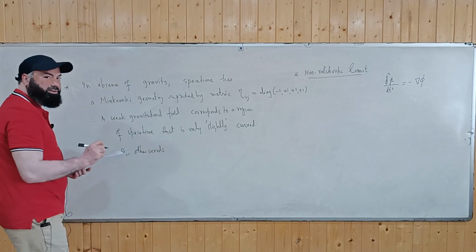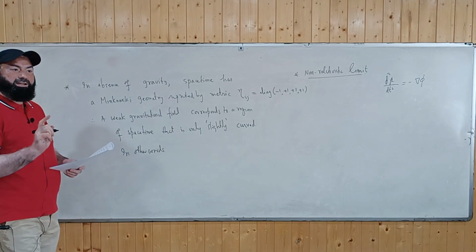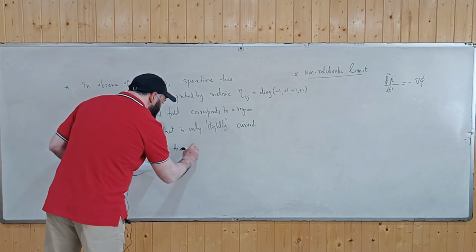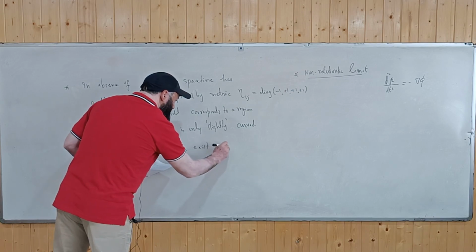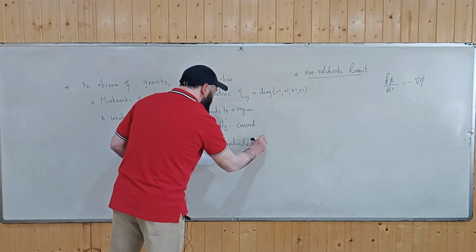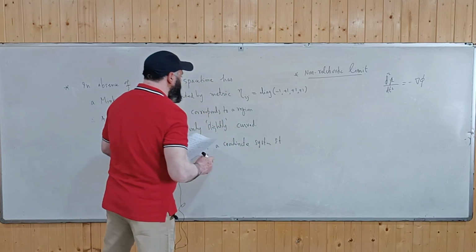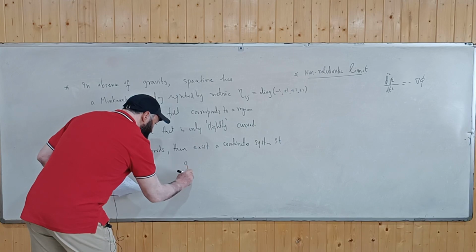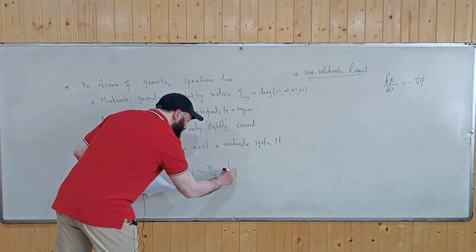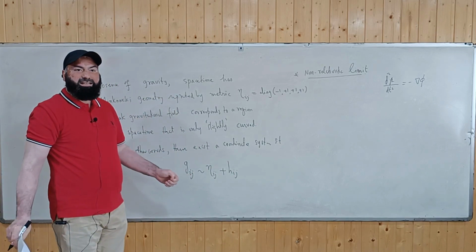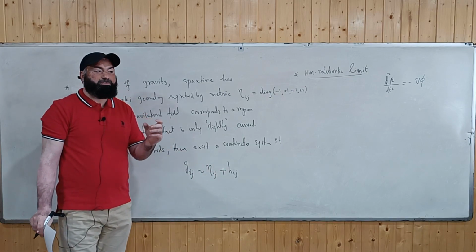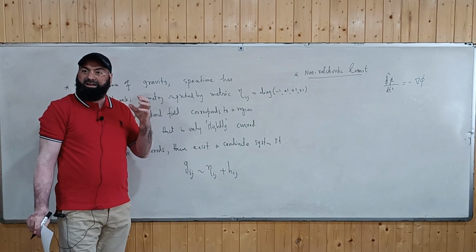Since we are dealing with the coordinate transformation, I need to figure out a coordinate system. So there exists a coordinate system such that I can write this g ij metric as eta ij plus h ij, where eta is the Minkowski space metric, and h is the correction which provides the slight curvedness of the space-time.